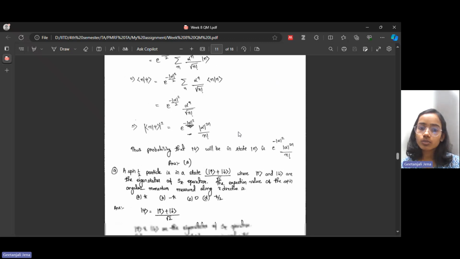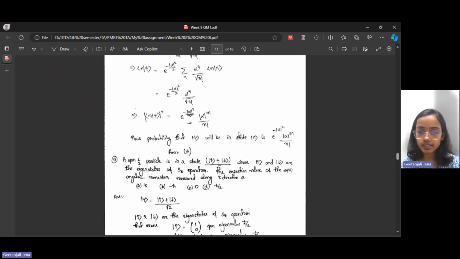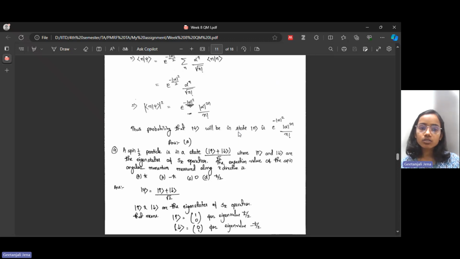For that, you have to express the state that is given to you in terms of the eigenvectors of the operator you are using for the measurement, which is Sx. So up and down are the eigenstates of the Sz operator.